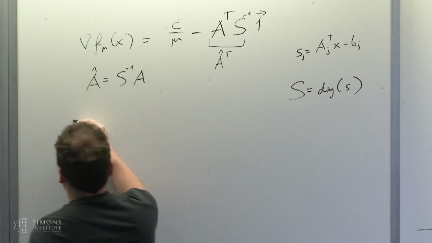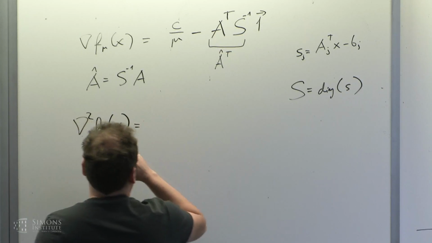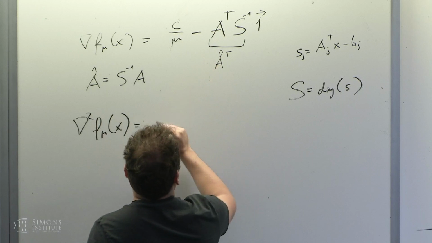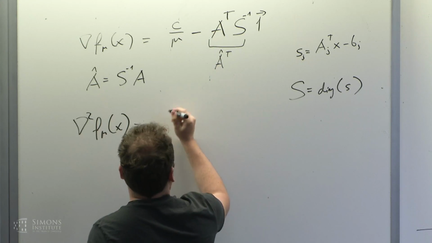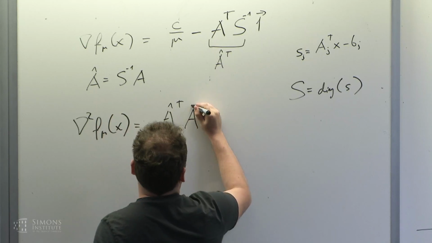That's the gradient. Now, what is the Hessian? The first term is a constant, so it essentially goes away. What you get out of the Hessian is A hat transpose times A hat.